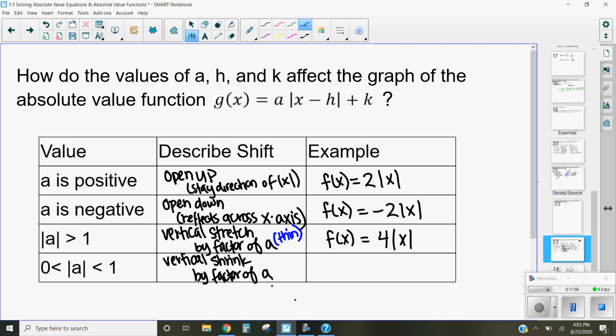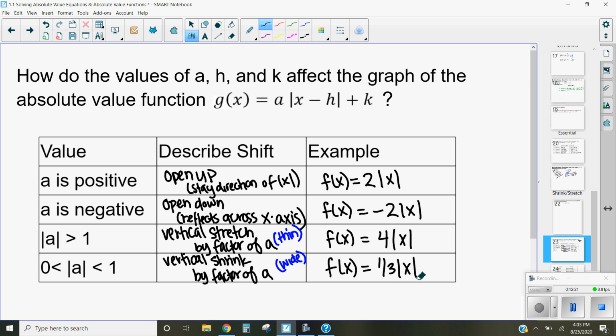And when we do a vertical shrink, that means our y value associated with the x goes down compared to our parent function. So this actually causes our function to get wider. Okay, and an example of when the absolute value of a is between 0 and 1 would be something like f of x equals 1/3 times the absolute value of x.